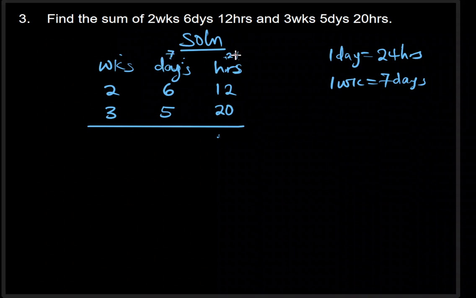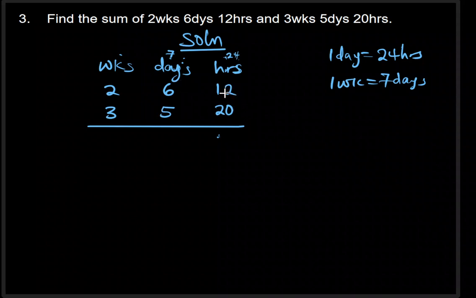Don't forget, under base 24, the highest digit I can have is 23. So anything bigger than 23, you know what to do. And when I come to days, I'll be dealing with base 7. That means 6 should be the highest digit under base 7. Anything bigger than 6, you know what to do.